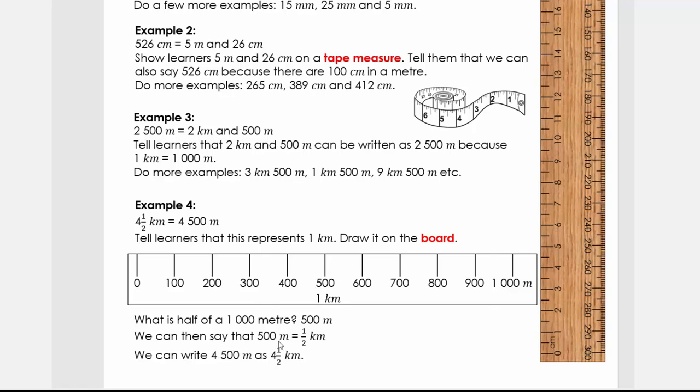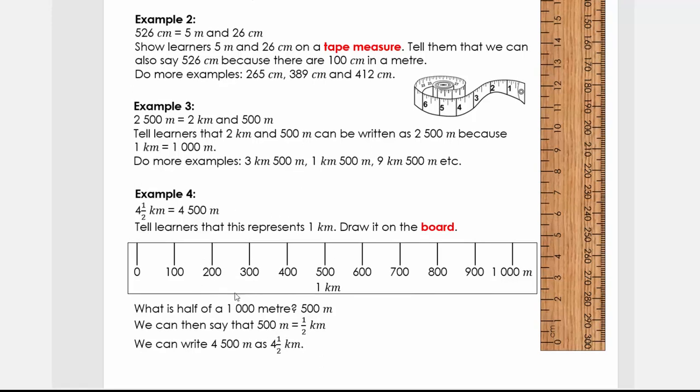So we can say that 500 meters is half, because it's half of this section from the 0 to the 1,000. And then we can write 4,500 meters as 4.5 kilometers. I want you to pause here and then do example number 4.